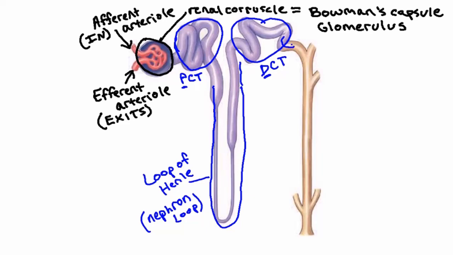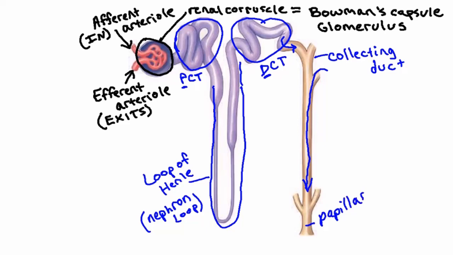And then as you can see, that empties into this collecting duct. And once it goes down the collecting duct, this turns into the papillary duct. And the urine goes out to the minor calyx.